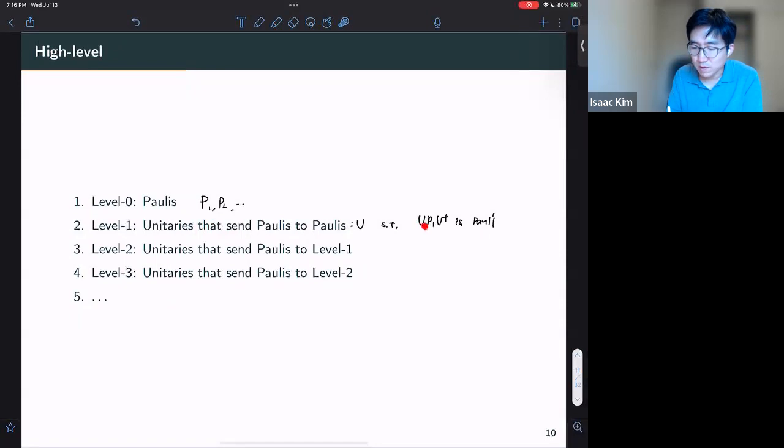If this unitary U does that for all the Paulis, it's in level 1. What about level 2? This is still a set of unitaries, and what you do is apply U P U dagger, and what you want to get is something that's at level 1. So that's how you define level 2. So what about this?